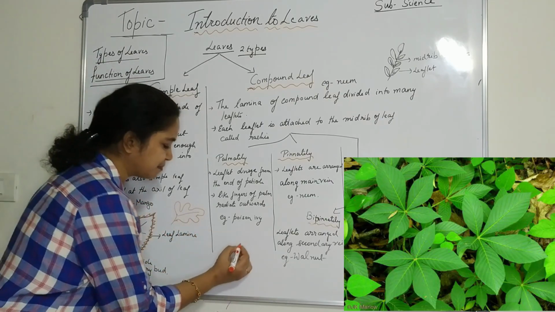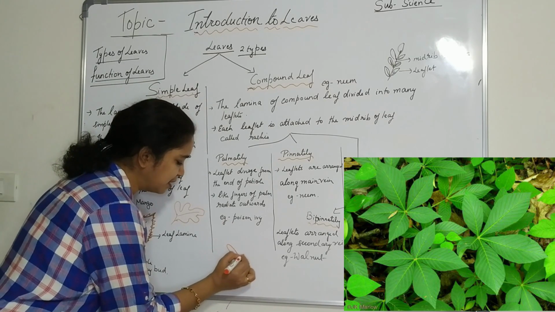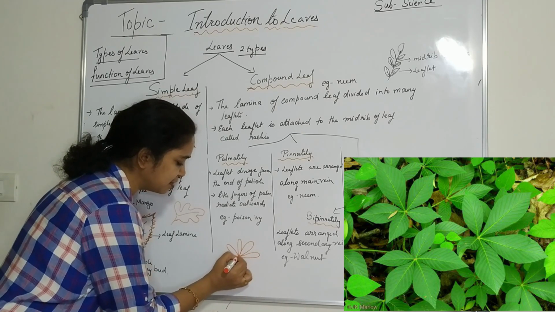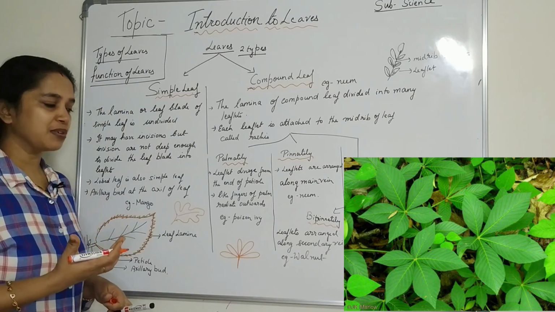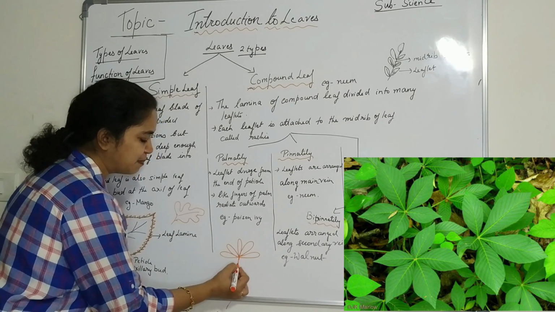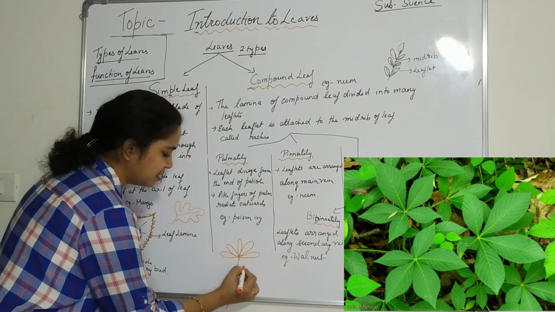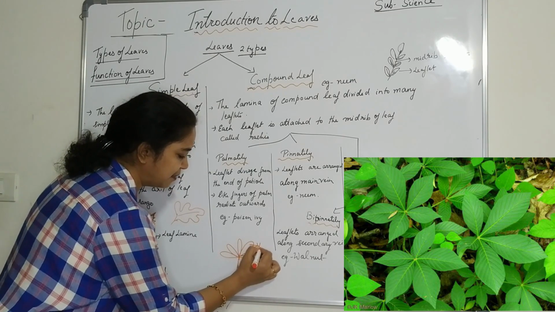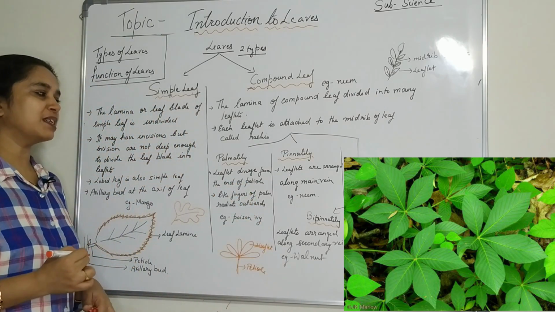It is the leaf in which the leaflets diverge from the end of the petiole, like the fingers of a palm that radiate outwards. It appears like the palm of a hand, and this is the petiole, and these are the leaflets. So this is called the palmately compound leaf.